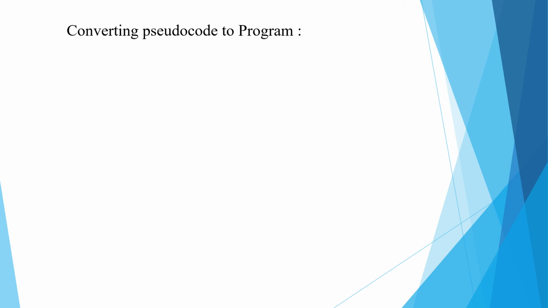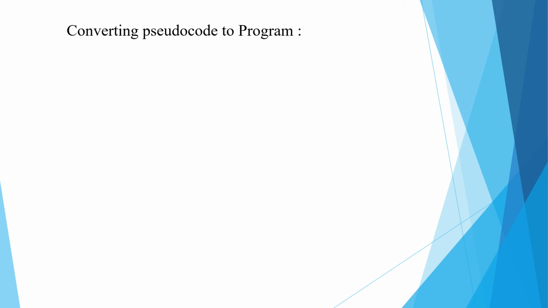The structure of pseudocode is similar to that of a program because we use decision statements and looping statements there. Even if it is informal, it is near to the program. This makes it very easy to convert pseudocode to a program in any programming language.